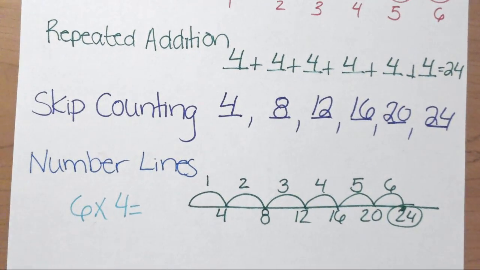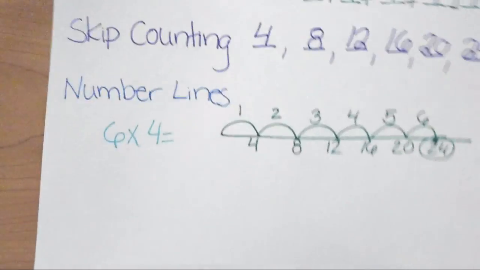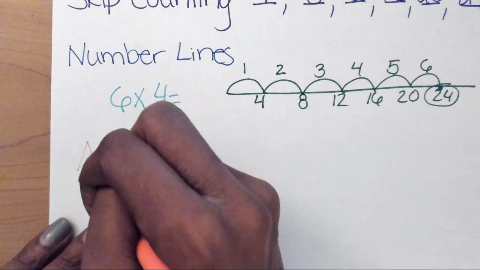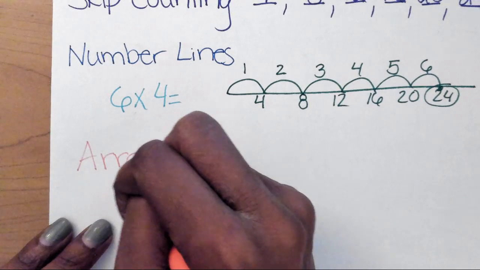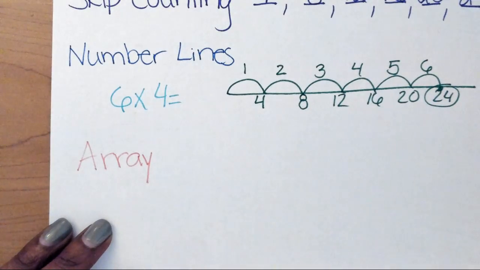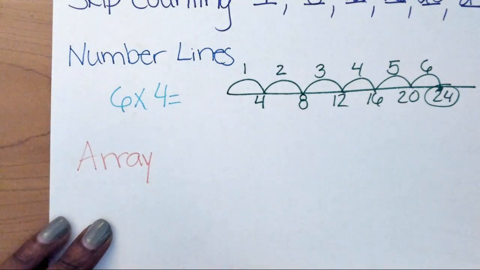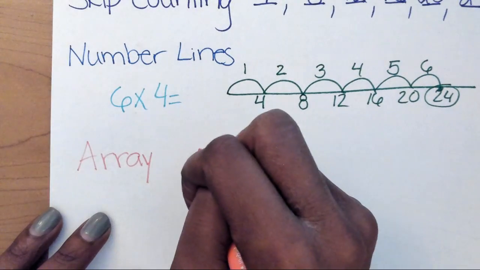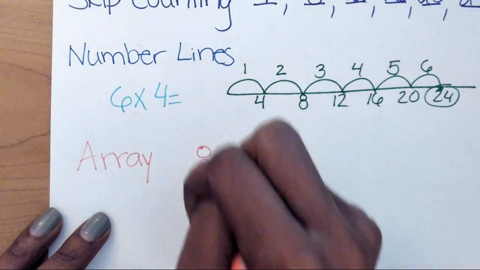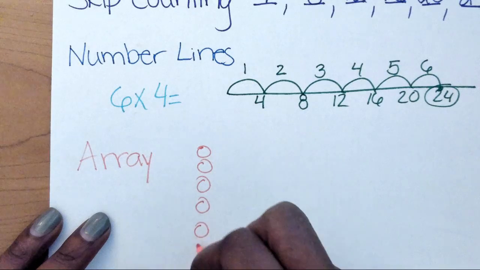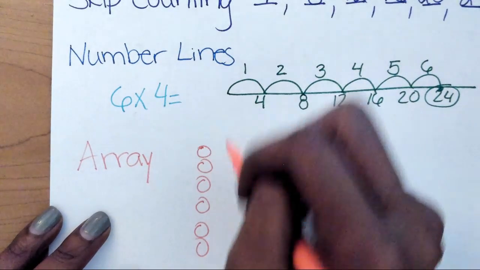The final strategy that we have been working with over the past week is what we call an array. An array kind of looks like dominoes. We have 6 equal groups, so 6 equal rows, and each row contains 4.